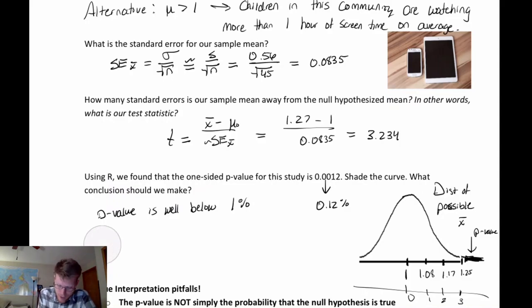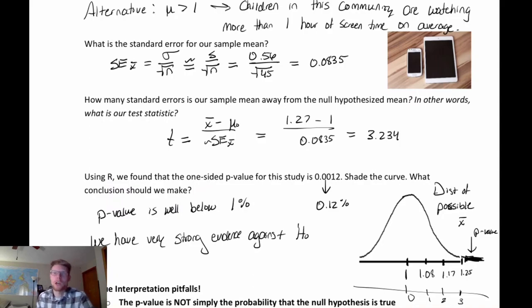So we have very strong evidence against the null hypothesis. I'll just write H0 there. If the true mean really is 1, think about how unusual this result is.